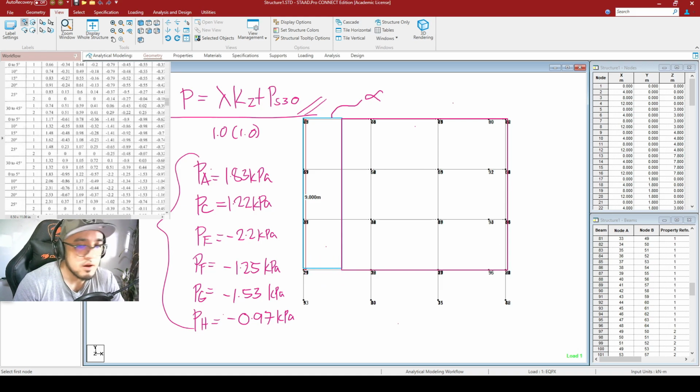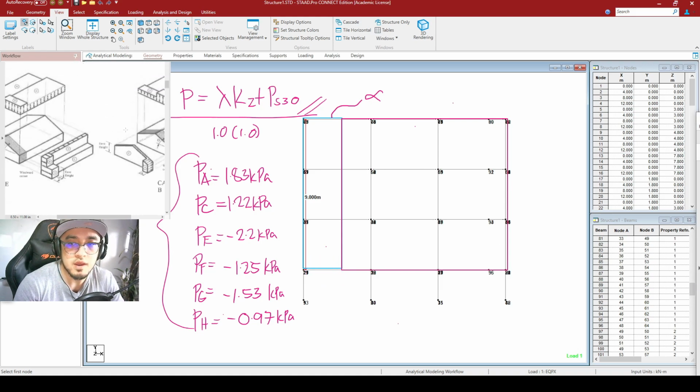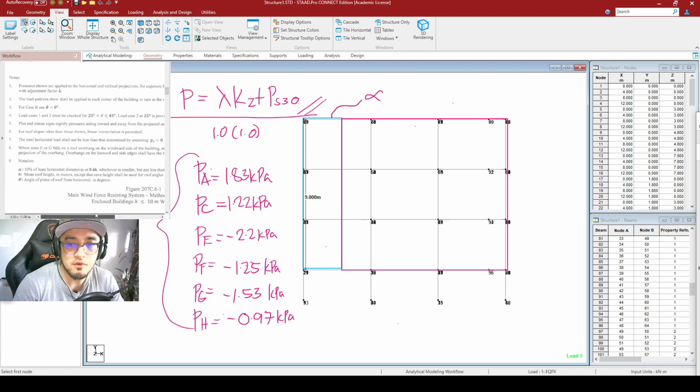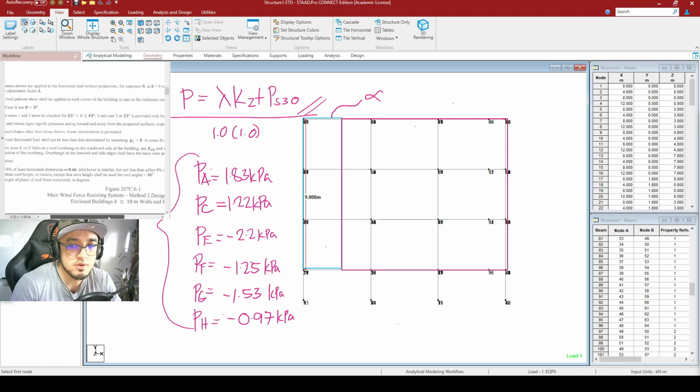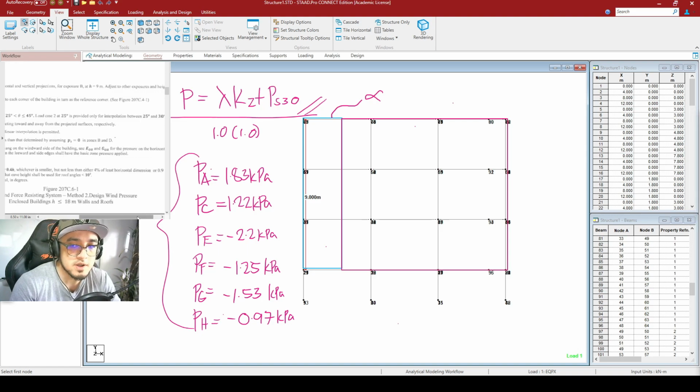And according to this figure, looking at the PDF file to your left, at this particular portion right here, the value for your alpha is to be 10% of the least horizontal dimension or 0.4 h, whichever is smaller. But it should not be less than either 4% of the horizontal dimension or 0.9 meters.